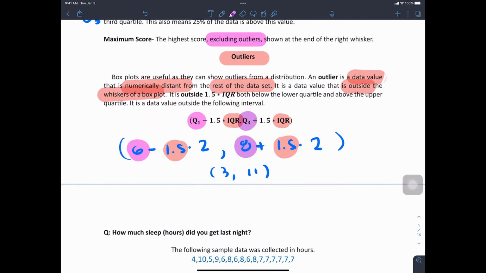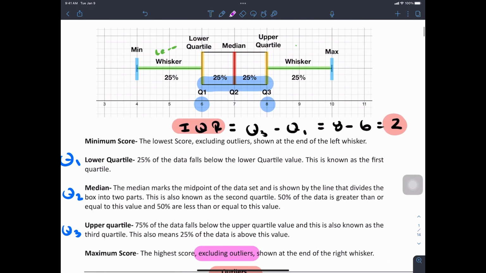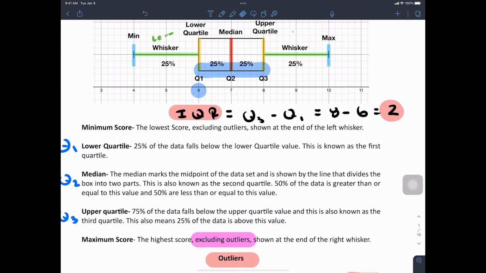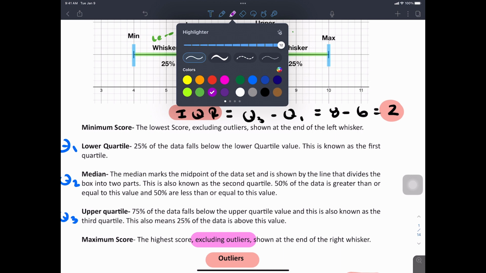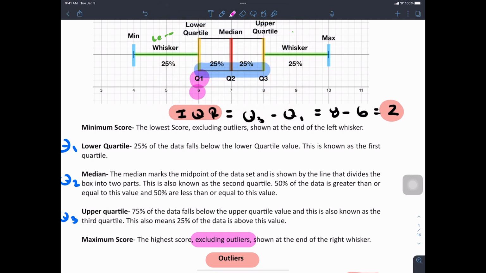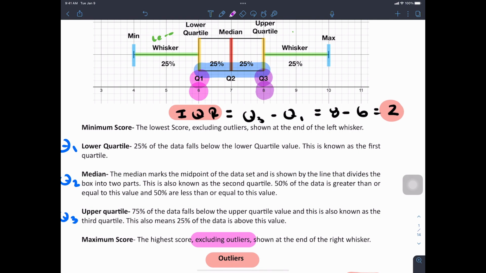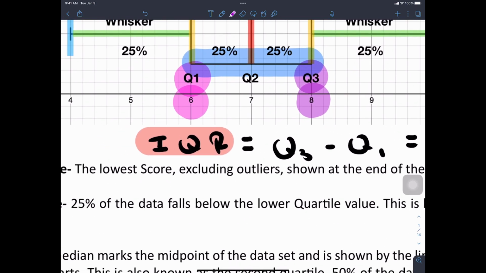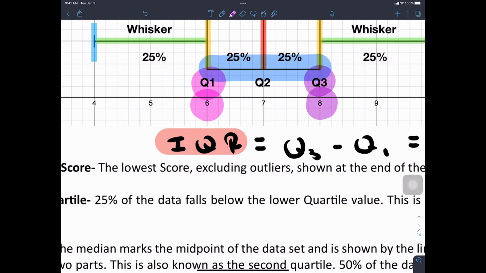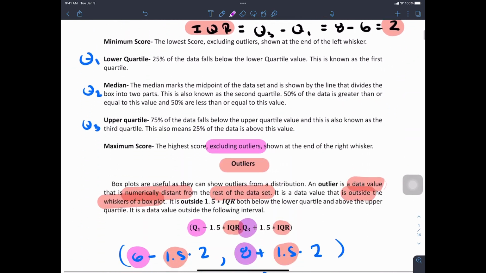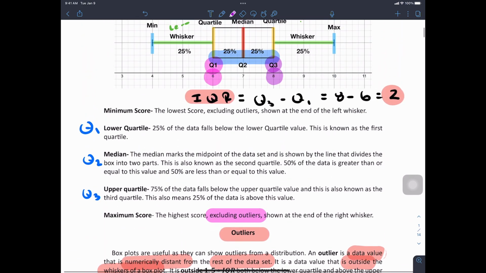You can verify by the colors: 6 and 8. But it has to be outside what numbers? 3 and 11. So it has to be outside.